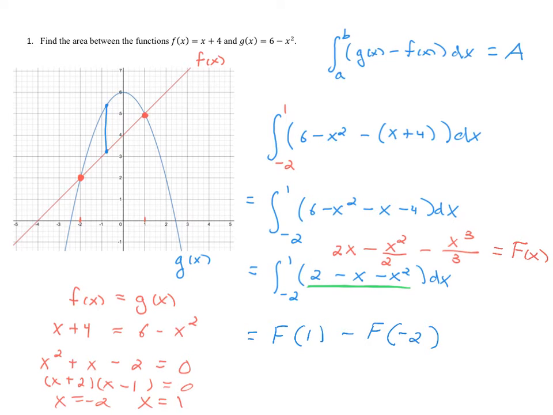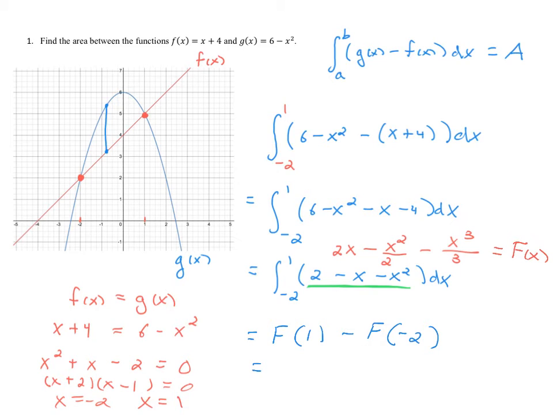I'm just going to get these values directly in a calculator, so I'm going to enter in the antiderivative and plug in 1 and plug in -2. So let's see. All right, I'm going to do an approximate solution.